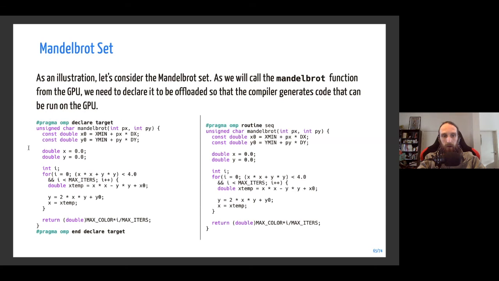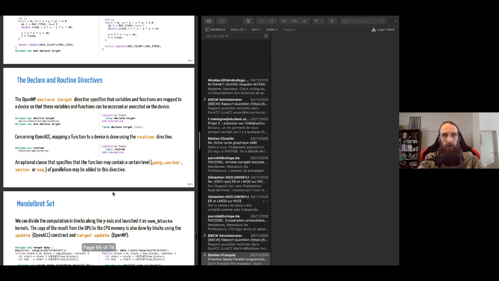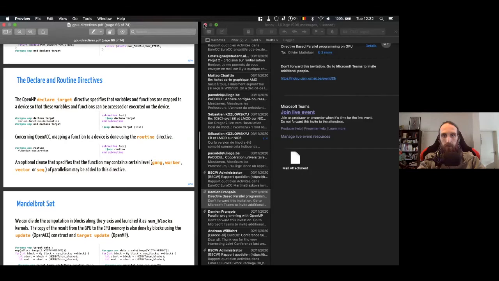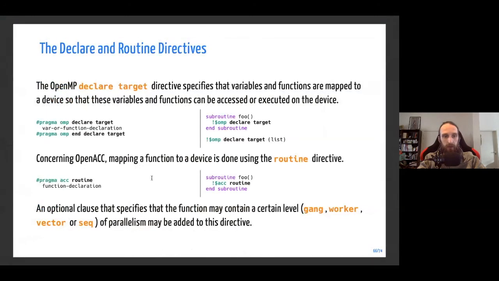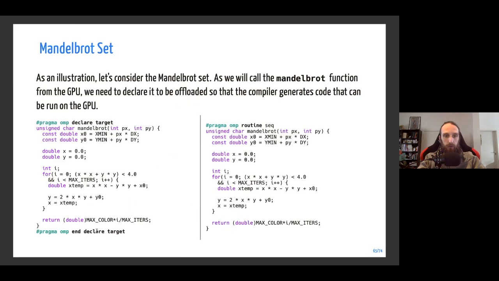We say to the compiler that we want this function to be available on the GPU, so it should generate some code that is available on the GPU.